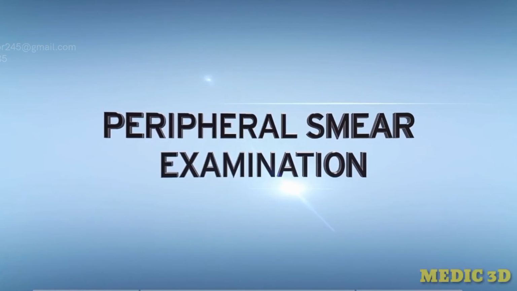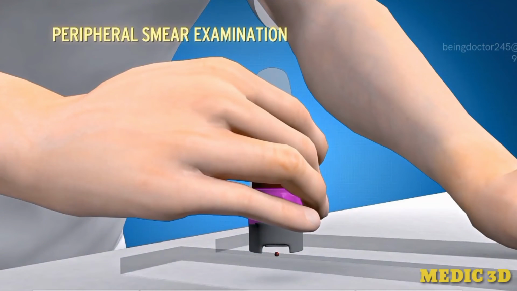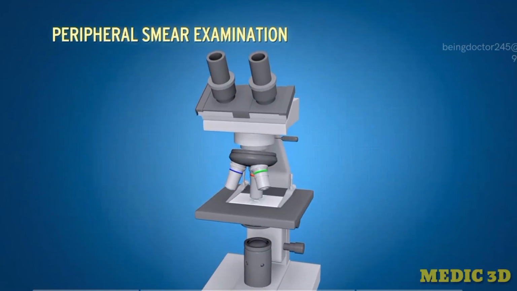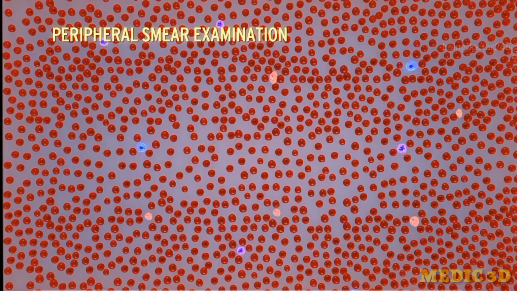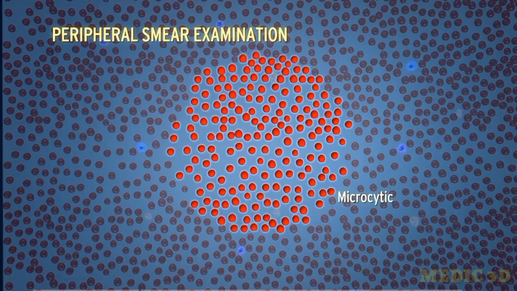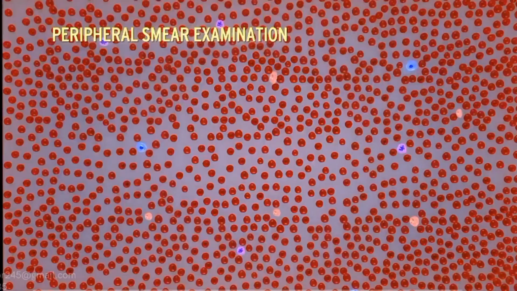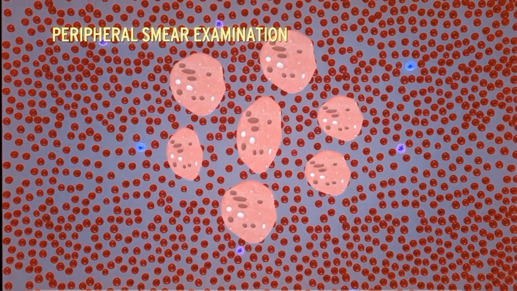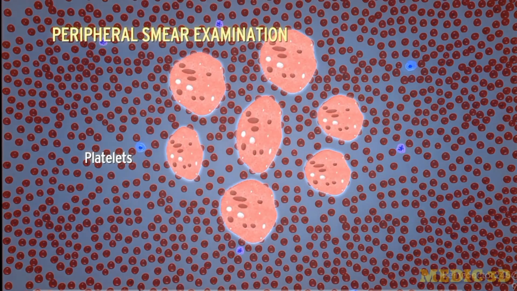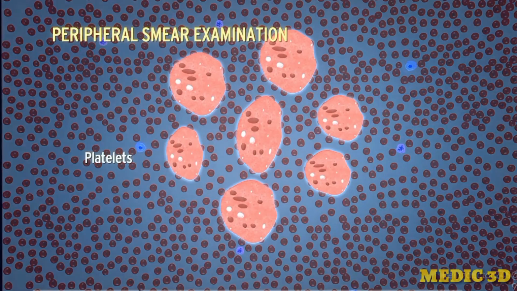Peripheral smear examination. Red blood cells are microcytic, that is small, and hypochromic, increased pallor, more than 2/3 of the cell diameter. Platelets can be increased especially if patient is bleeding.